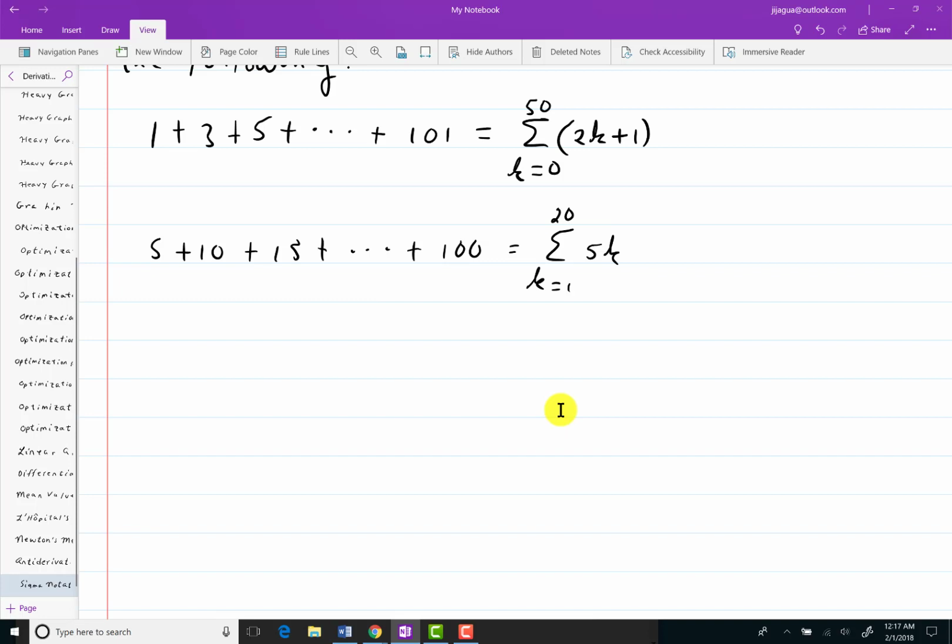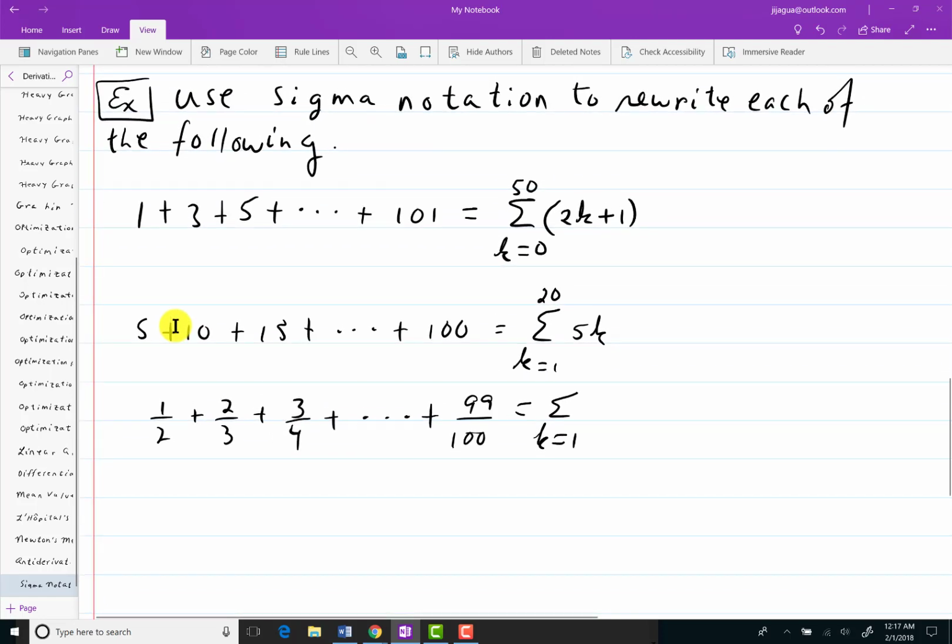How about 1/2 plus 2/3 plus 3/4 plus, and this goes all the way up to 99 over 100. So I think I'll start k at 1, and I'll probably put a k up here. If I start at k is 1, and that's the number that's up here, then it should go up to 99.